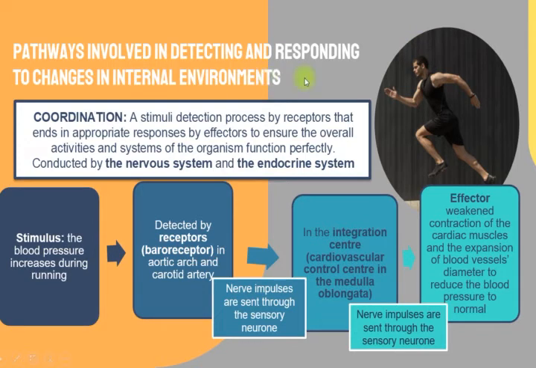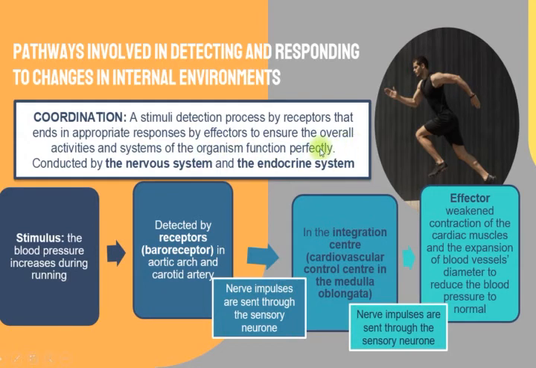Again, what is coordination? Coordination involves a stimuli detection process by receptors that ends in an appropriate response by effectors, to ensure the overall activities and systems of the organism function perfectly.